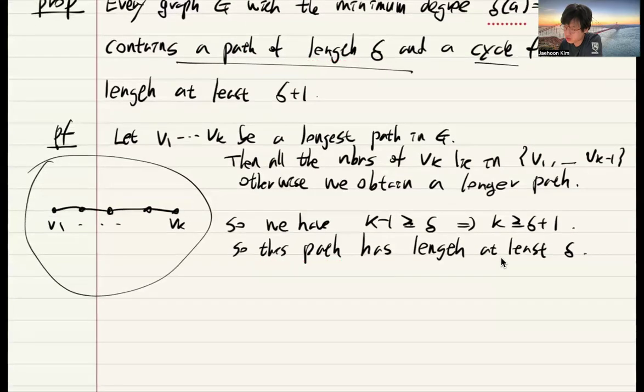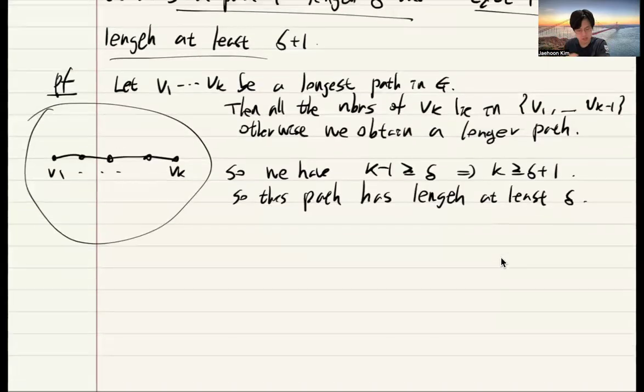And then how do we find the cycle? What is a cycle? You have a path, and then if you close it, then it is a cycle, right? So we again use the maximality or minimality in this case.